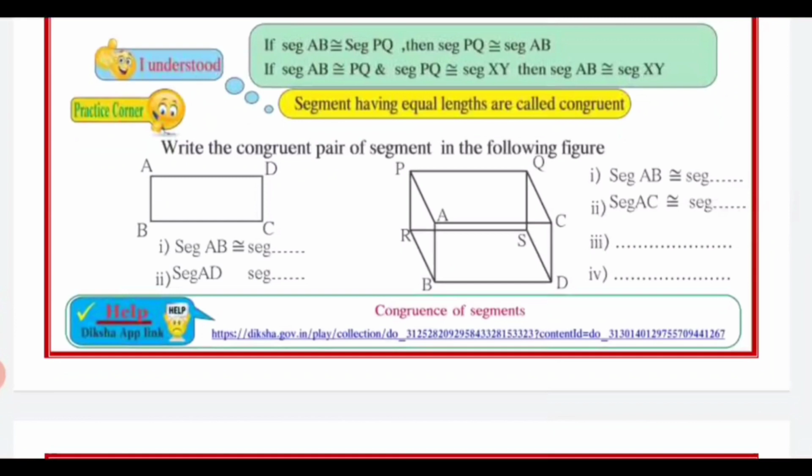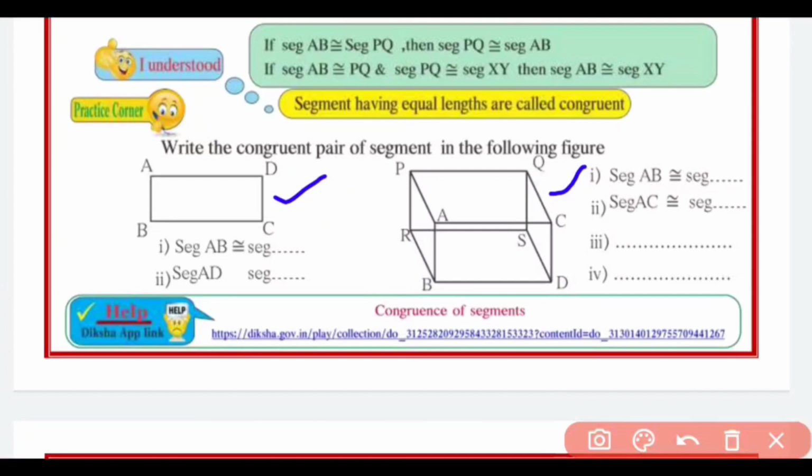So what is the question? Write the congruent pair of segments in the following figure. You have to observe these 2 figures. The first figure is of rectangle ABCD and the second figure is of a cuboid. So in these figures we have to observe and write the names of congruent segments.